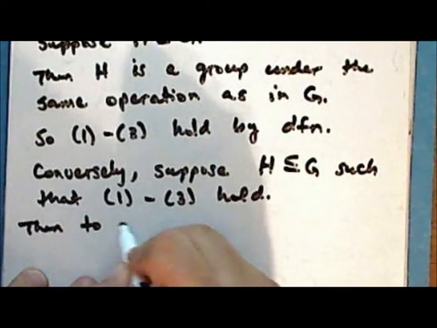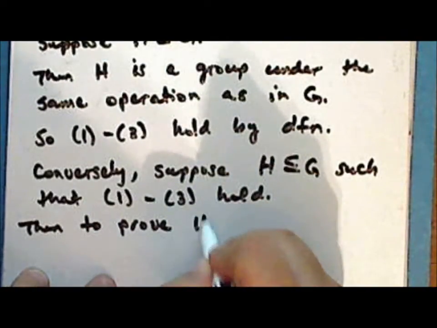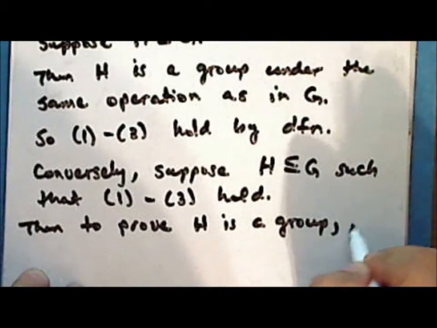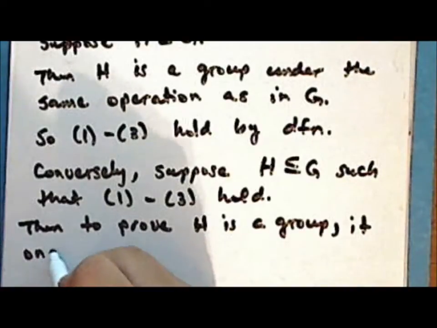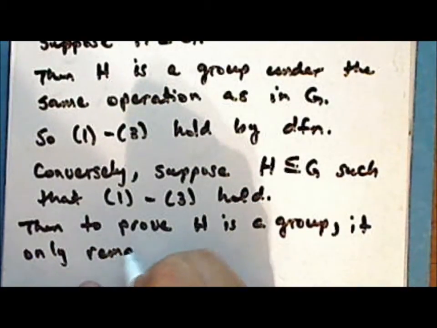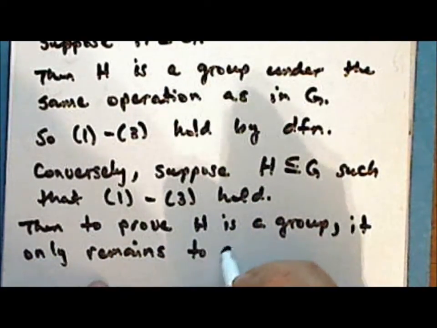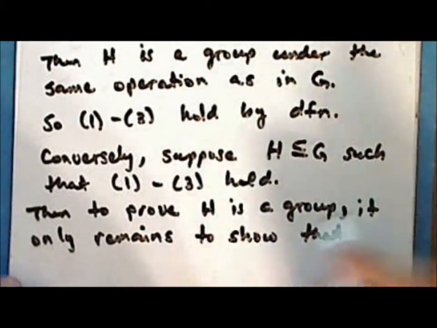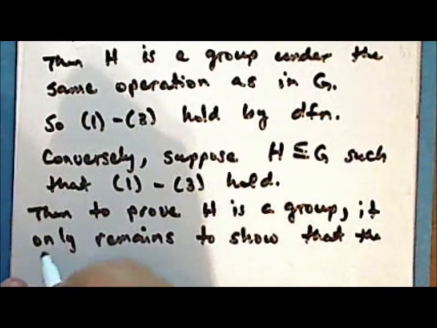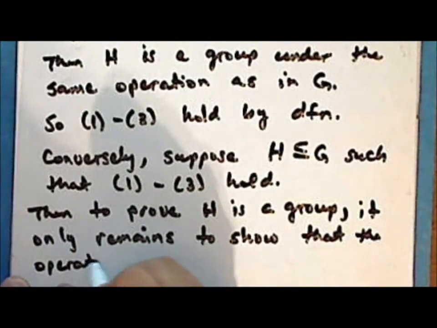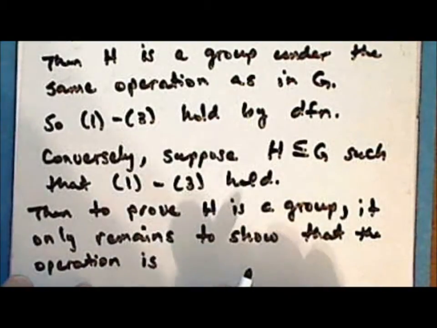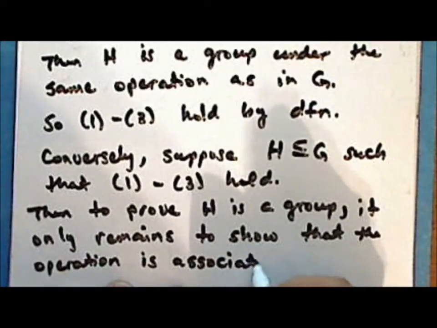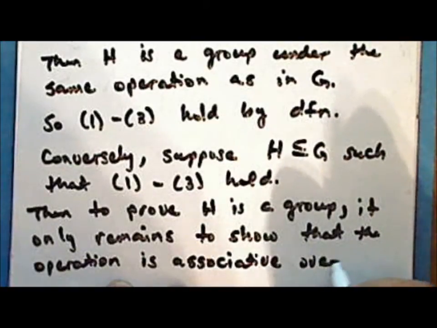Then, to prove that H is a group, it only remains to show that the operation is associative over the set H.